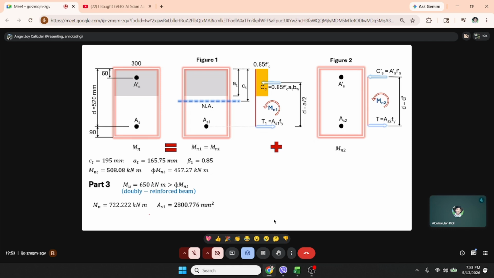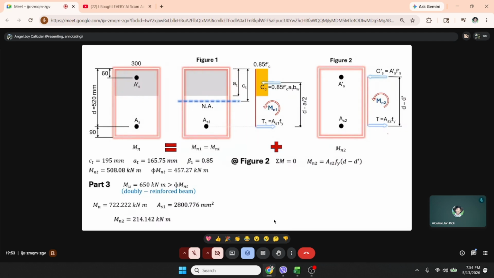So, copy lang sa na-solve ganina. And here, diri na punta sa figure 2. Mag-sum up moment equal to 0. So, mag-moment diri sa Cs prime. So, AS2 Fy times d minus d prime.